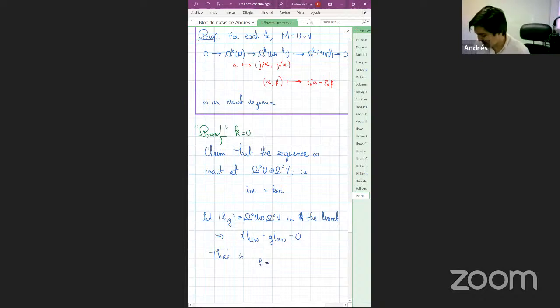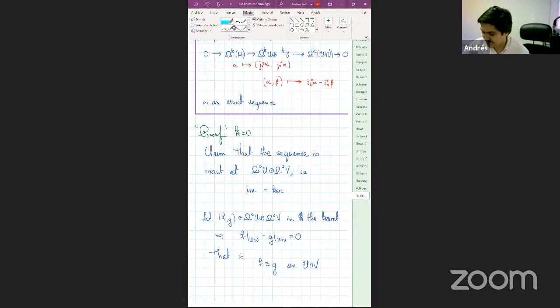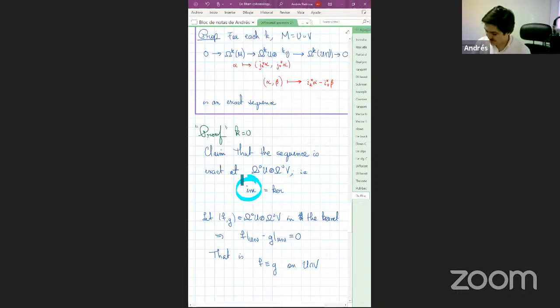So f is identical to g on U intersection V. Now, what we want is that it's in the image of the other map.